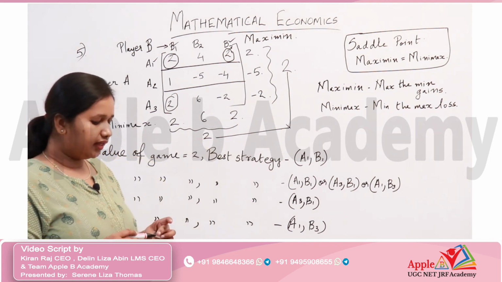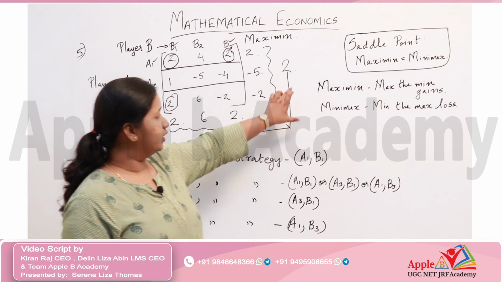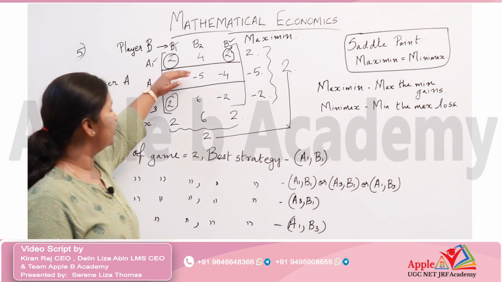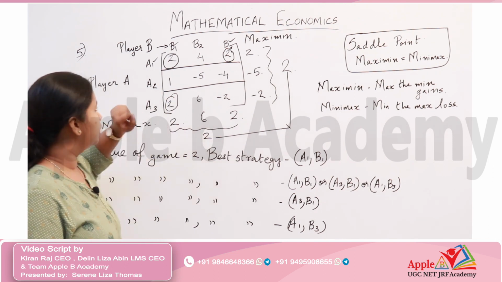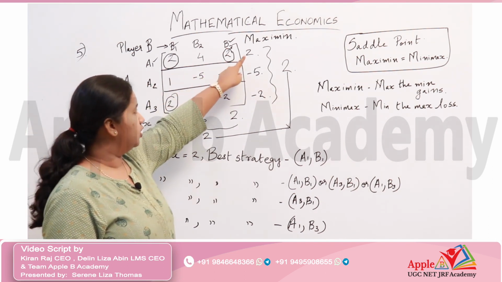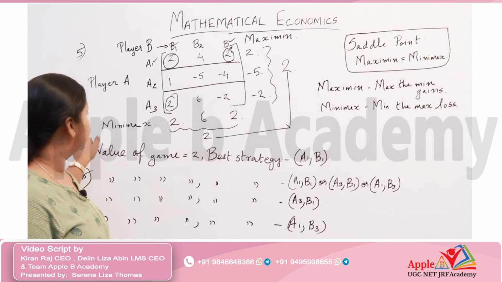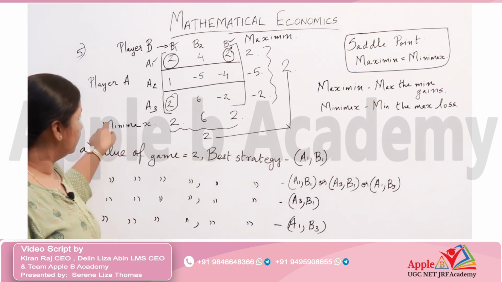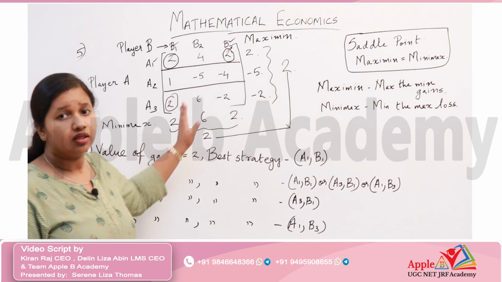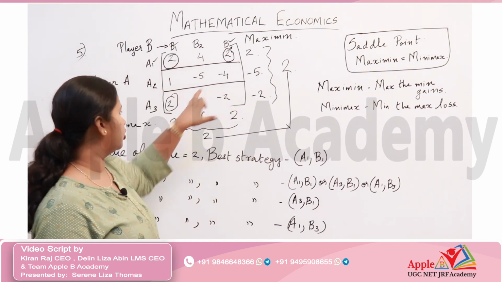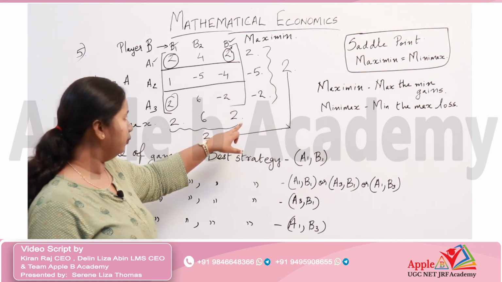By considering these two strategies, for player A we read it row wise, so taking the values from each row, we get 2, -5 and -2. For player B we read it column wise, so taking the values from each column, we get 2, 6 and 2.